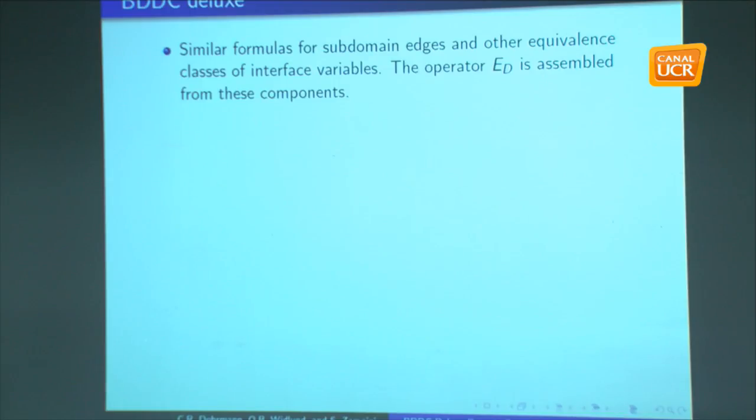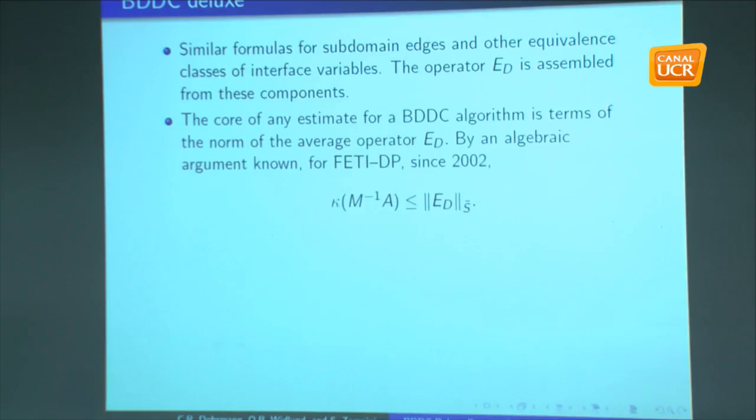Okay, so similar formulas are developed for edges and other equivalence classes. Then we typically have more than two Schur complements involved, and it's assembled, it's a local process. Once we have formulas for each individual equivalence class, we assemble what we get.